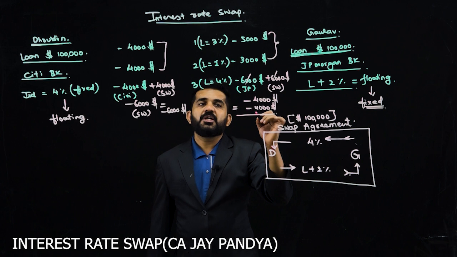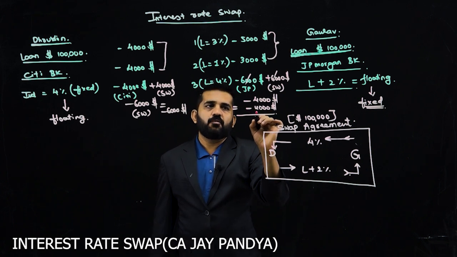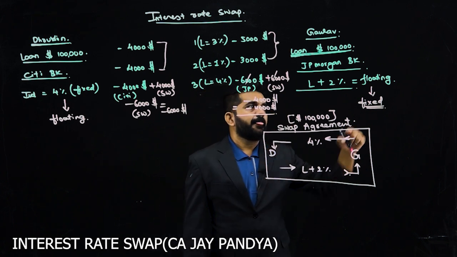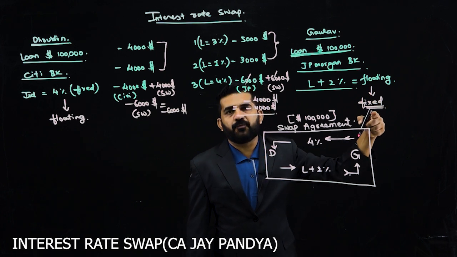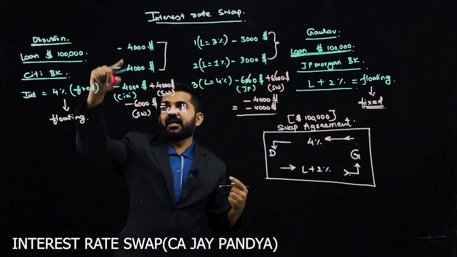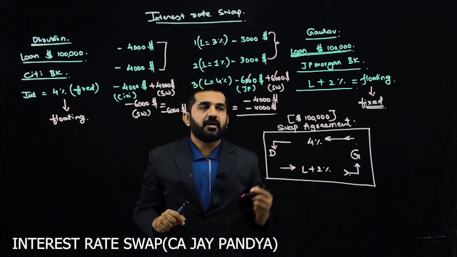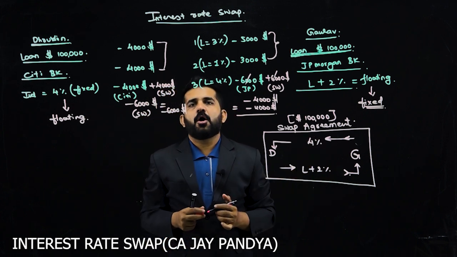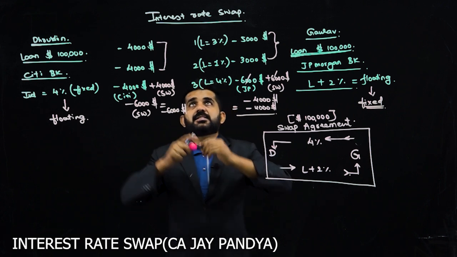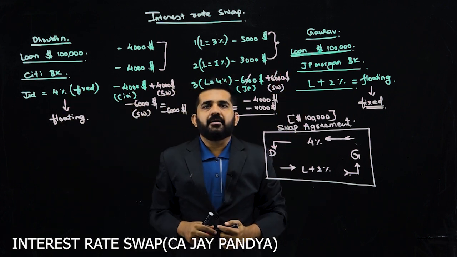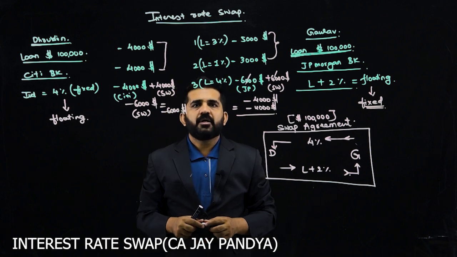Every year his interest outflow will be $4,000. His floating rate is converted into fixed rate. Dhruvin's fixed rate is converted into floating rate based upon LIBOR because of this swap agreement. This is nothing but interest rate swap. Thank you, friends.